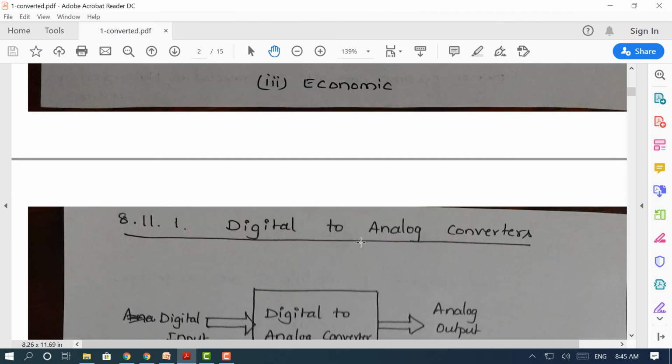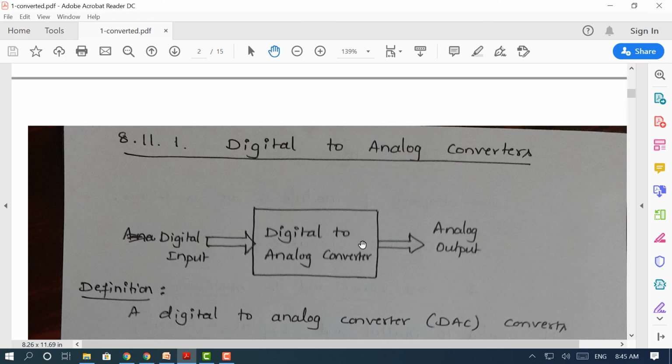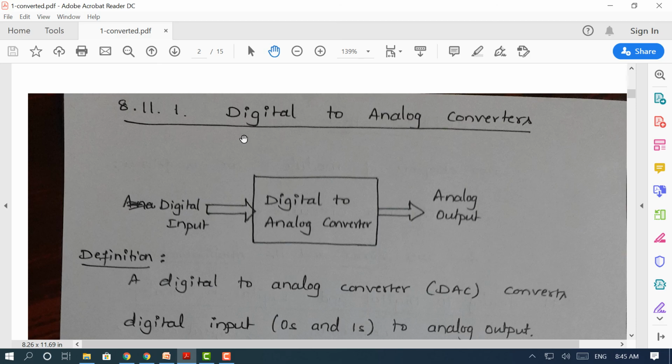Yes, let us see in the block diagram. First block is digital to analog converters. How we can convert digital data to analog format. Once we understand this, we will also understand how to convert analog data to digital format. So digital to analog converters can be represented with the help of this block diagram. There is some circuit inside this. This circuit is going to accept digital data as input, convert that into analog format, and provide analog as an output.